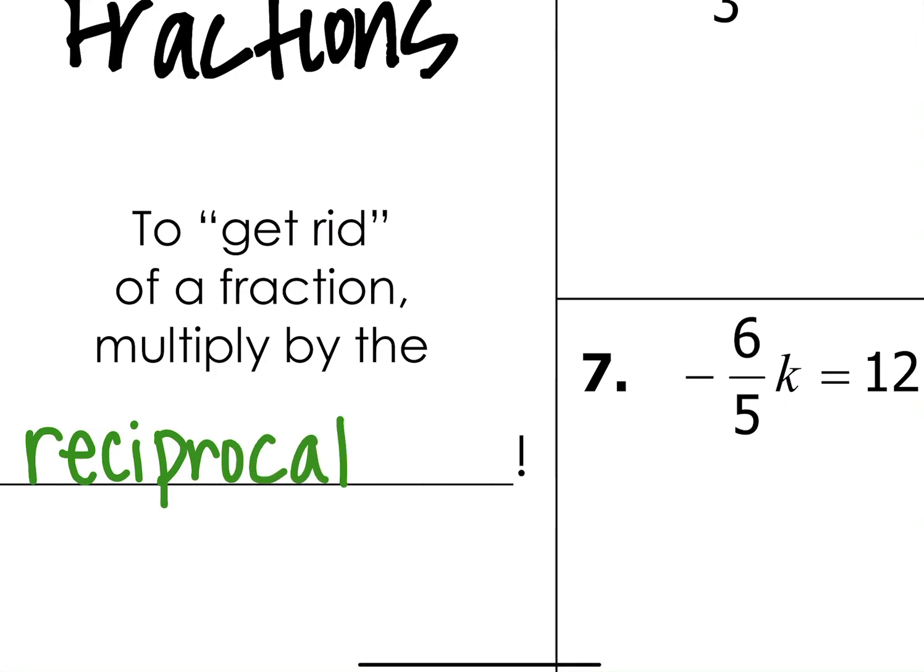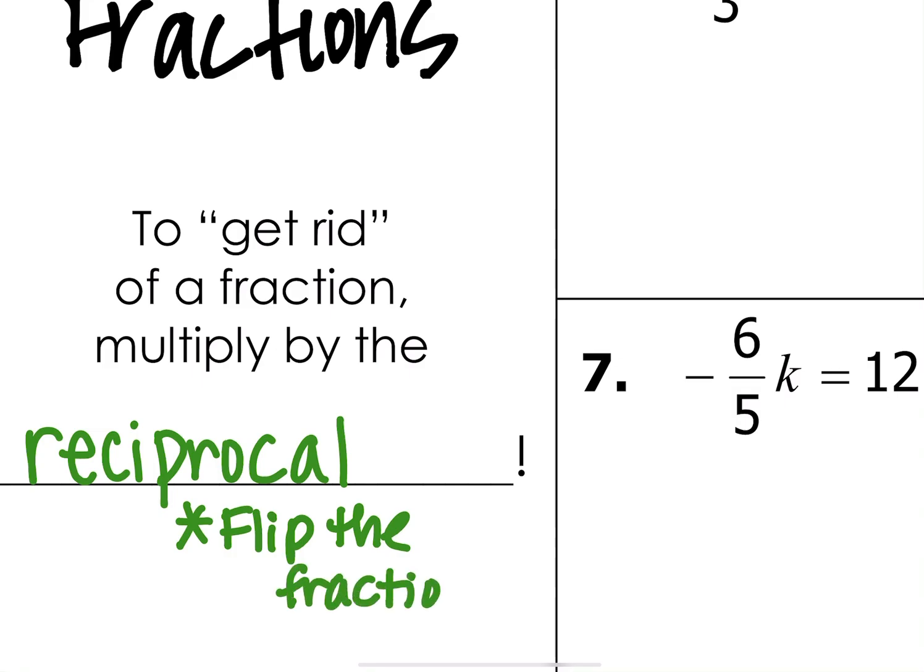This word came up in some of our review in prior lessons, so hopefully that word rings a bell. The reciprocal is when you flip the fraction. You won't hear me say flip, you'll hear me say reciprocal. It's the correct vocabulary.